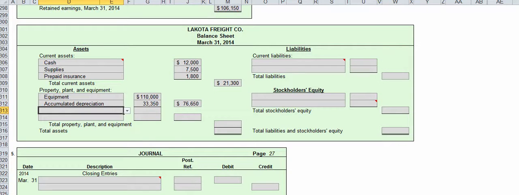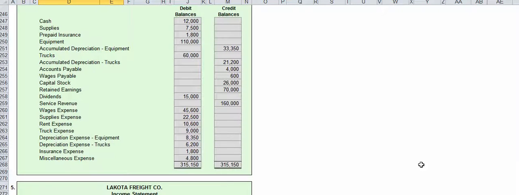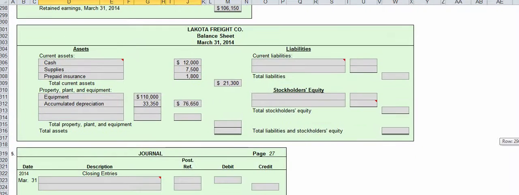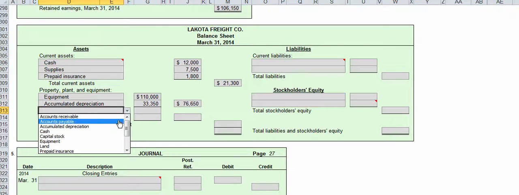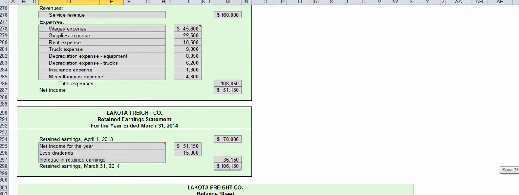Next, I believe we're going to pick up trucks. Let's see what's next. Yes, trucks, 60,000. Then we'll deduct the accumulated depreciation on the trucks.